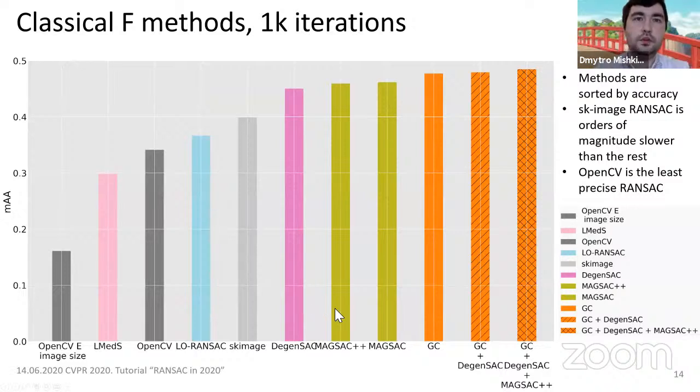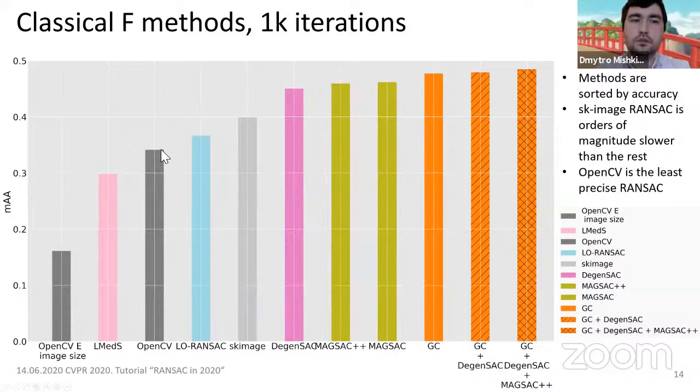Here, we feed the same local features with the same optimal matching threshold, and then use different RANSAC variants to measure the camera pose accuracy. As you can see, the OpenCV RANSAC is very, very bad.